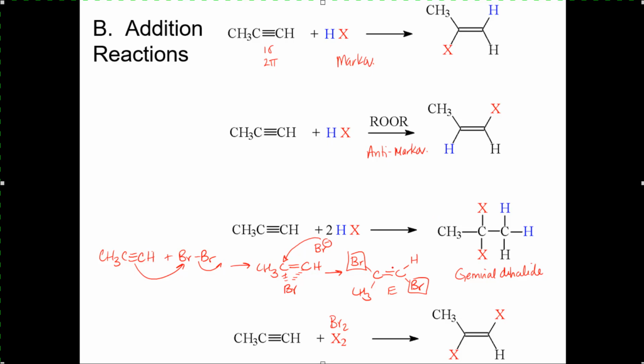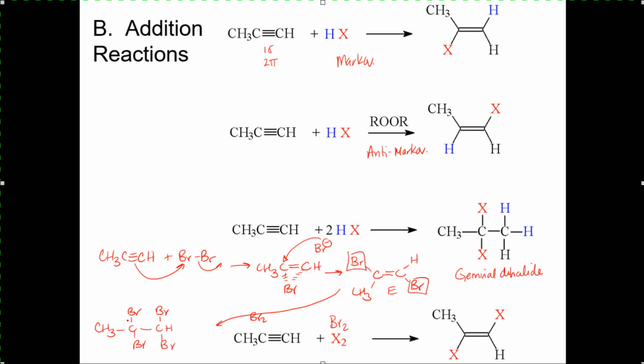If I added another equivalent of Br2 to this molecule, let's take that molecule and add a second equivalent of Br2. What would I end up with? I would end up with two bromines on the carbon to the left, and two bromines on the carbon to the right.